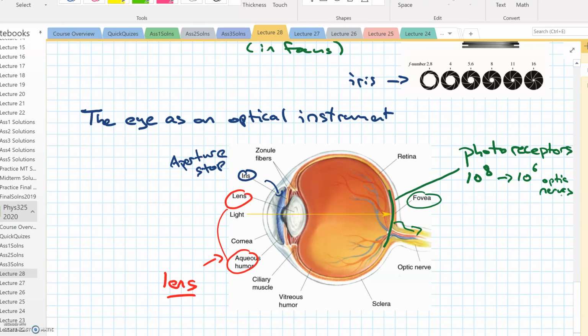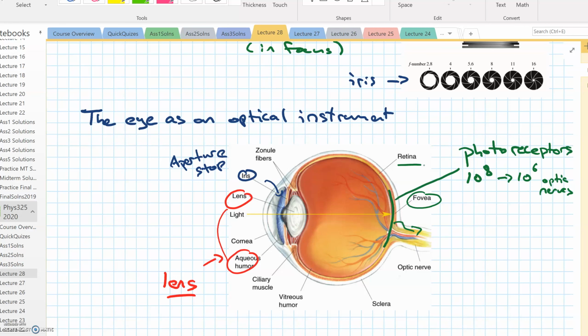So we have light coming in, forming an image on the back of the retina, which is our photoreceptor. There's about 10 to the 8 pixels, if you will, photoreceptors, and it goes to about 1/100th as much optical nerves. So there's compression.